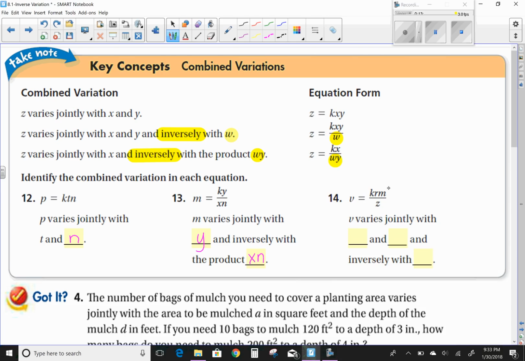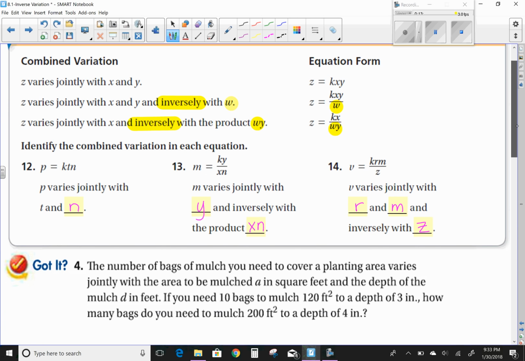V equals KRM over Z means V varies jointly with R and M and inversely with Z. So this is what I'm telling you when I say, to me, these are the easiest word problems ever, because if you understand this translation from English to math, then you're good to go, because it's not going to change.